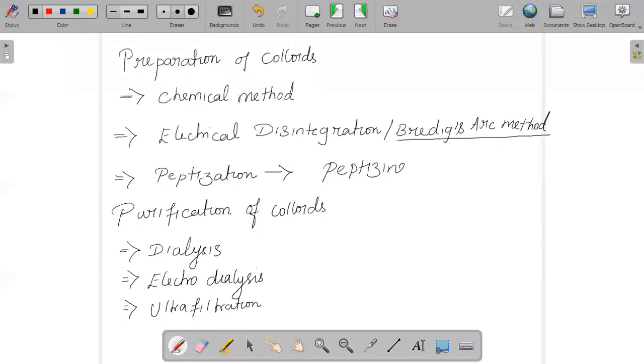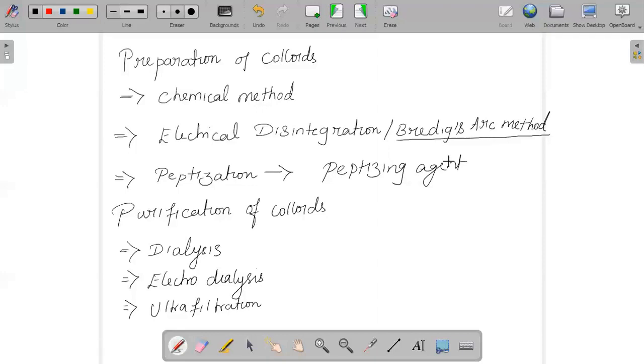During peptization, the precipitate absorbs one of the ions of the electrolyte on its surface, which causes a charge to develop on the precipitate, which ultimately breaks up into small particles of colloidal size. So there are three different methods used to prepare colloids.